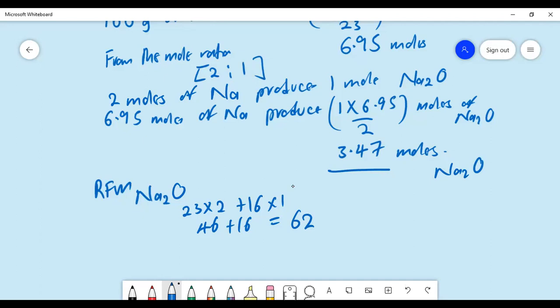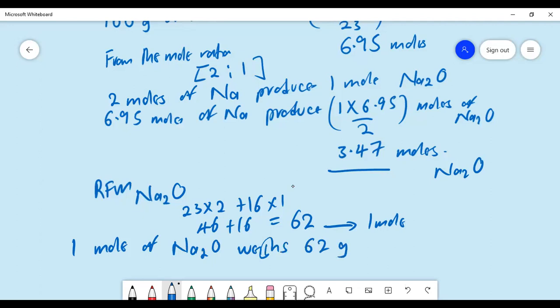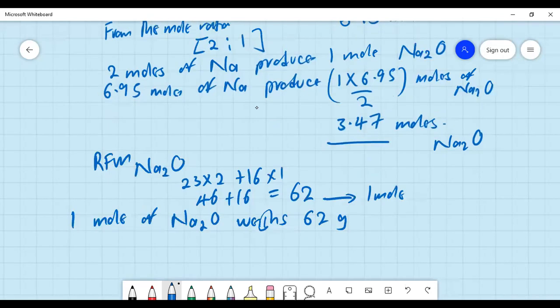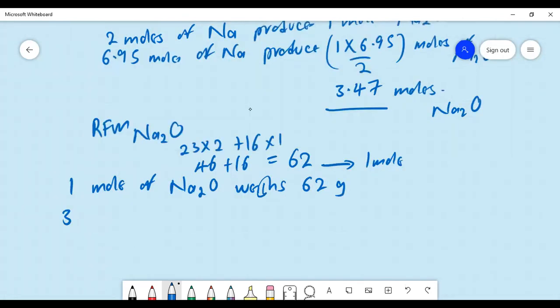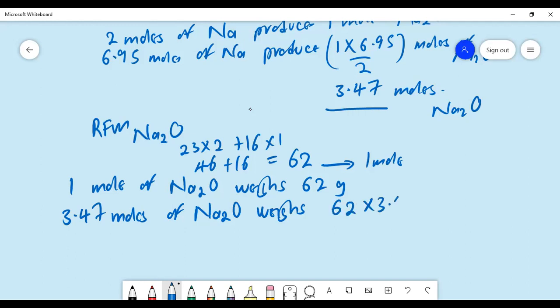Yes. Therefore, this one, remember, is in 1 mole. Then we say 1 mole of sodium oxide weighs 62 grams. What of the 3.47? Because those are the moles they have. And so, what of the 3.47 moles of sodium oxide weighs 62 times 3.47 grams.